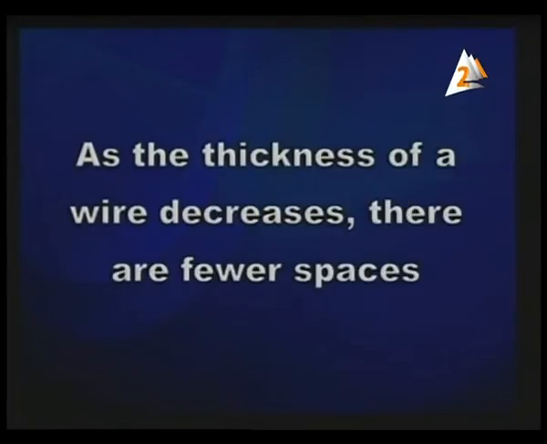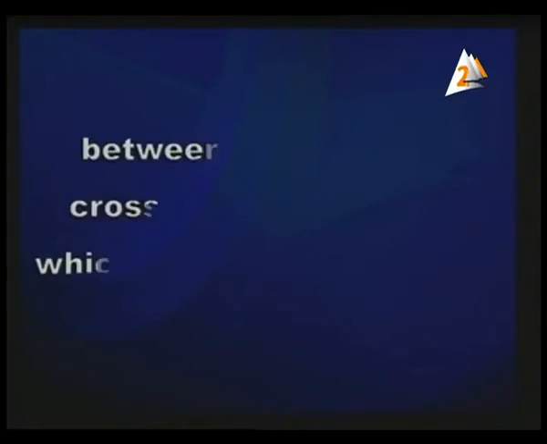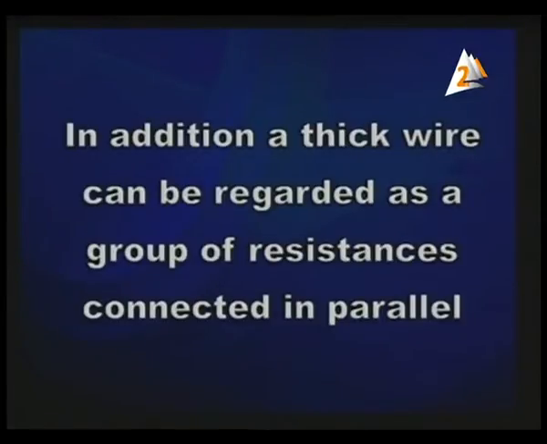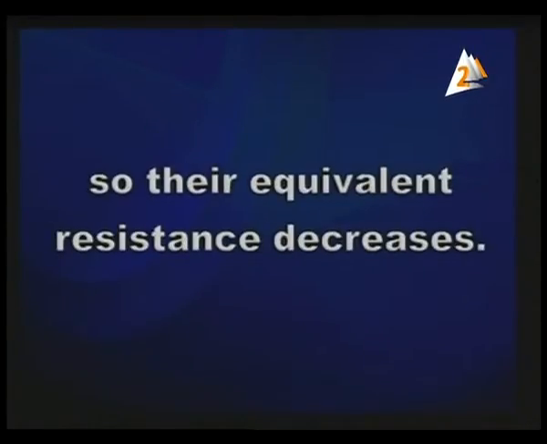As the thickness of a wire decreases, there are fewer spaces between atoms and the cross-section through which electrons can travel. In addition, a thick wire can be regarded as a group of thin wires connected in parallel, so their equivalent or total resistance decreases.